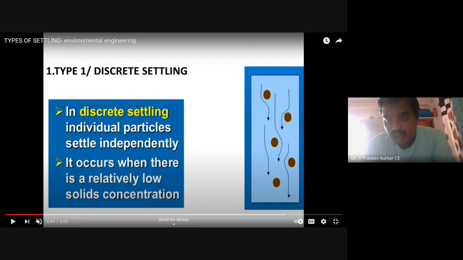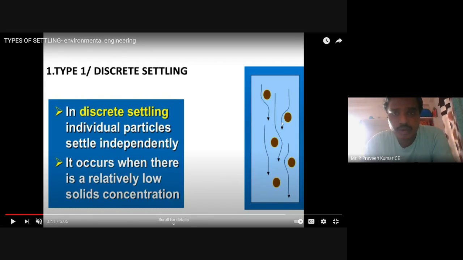In discrete settling, individual particles settle independently. Here the concentration of the solid particles will be very low, so automatically the particles will be suspended individually and settle independently at the bottom of the settling tank.